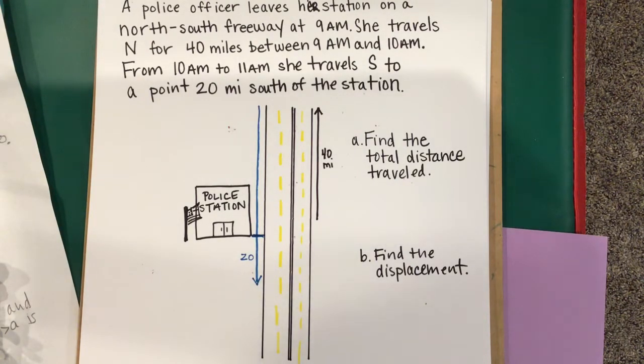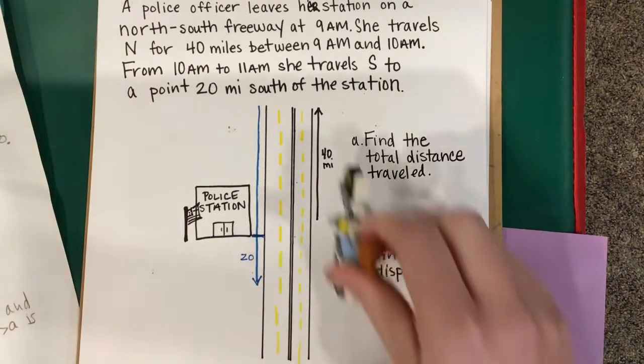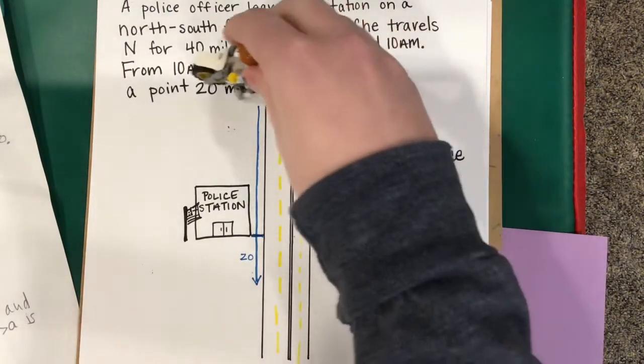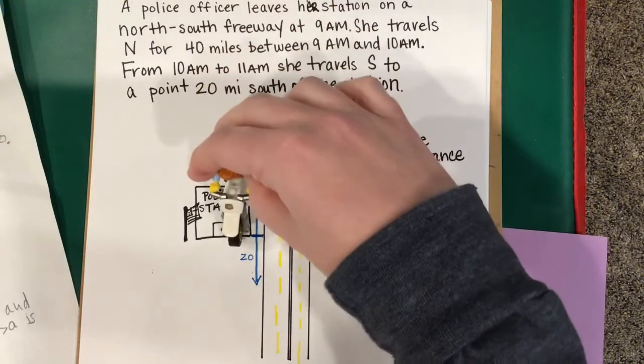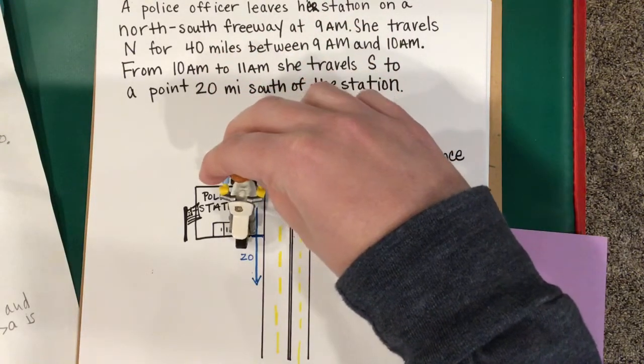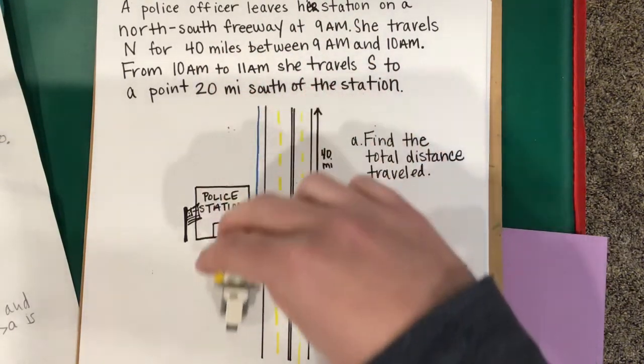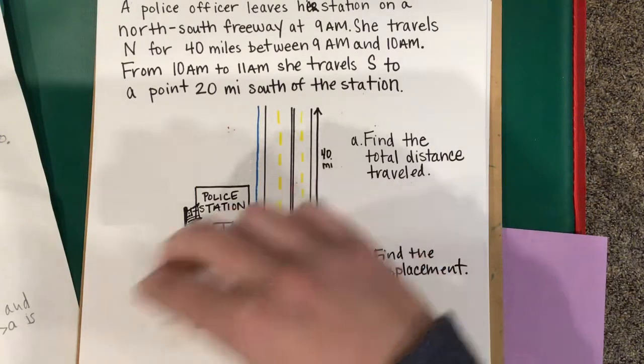So if we were asked to find the total distance traveled, well, we know she went 40 north, then she turned around. She had to go 40 south to get back to the station, back where she started, and then another 20 miles.